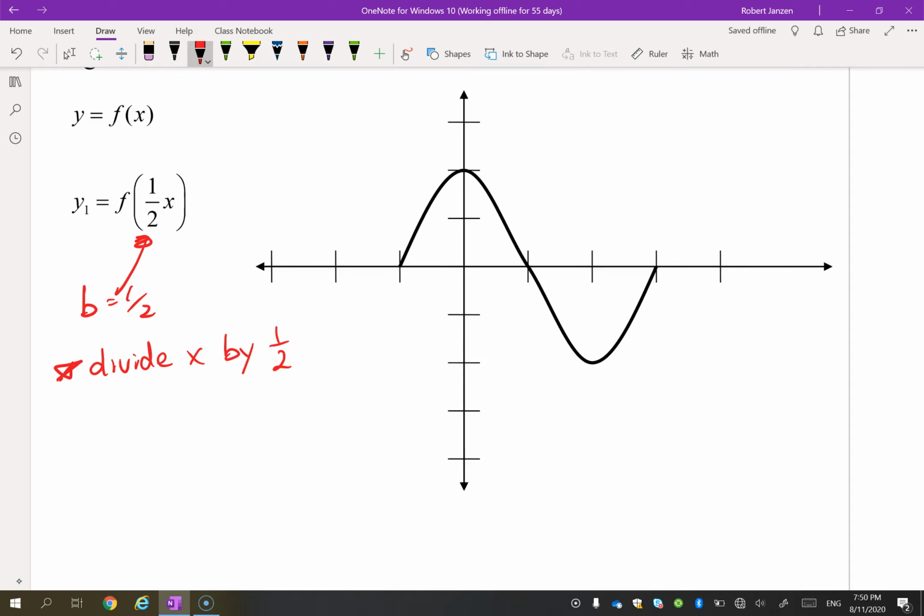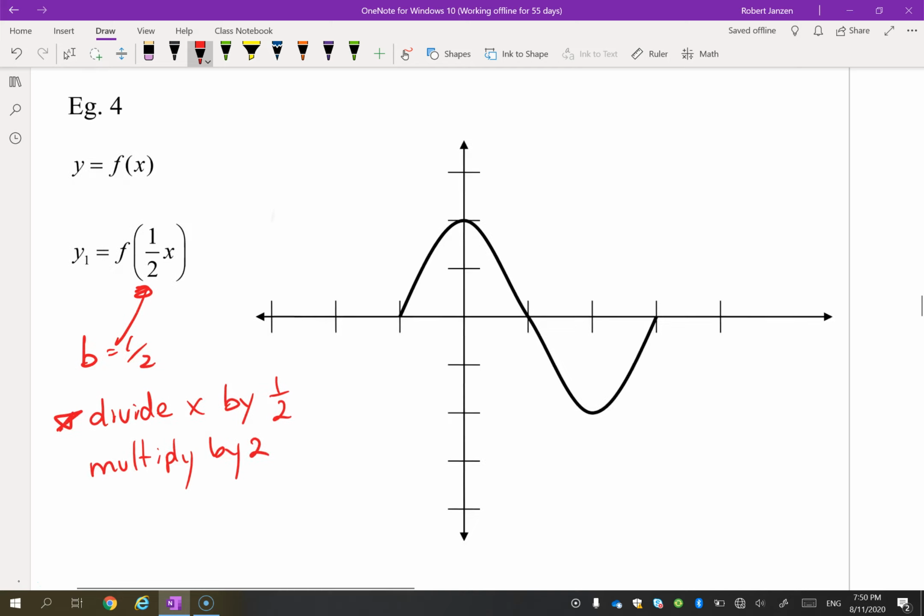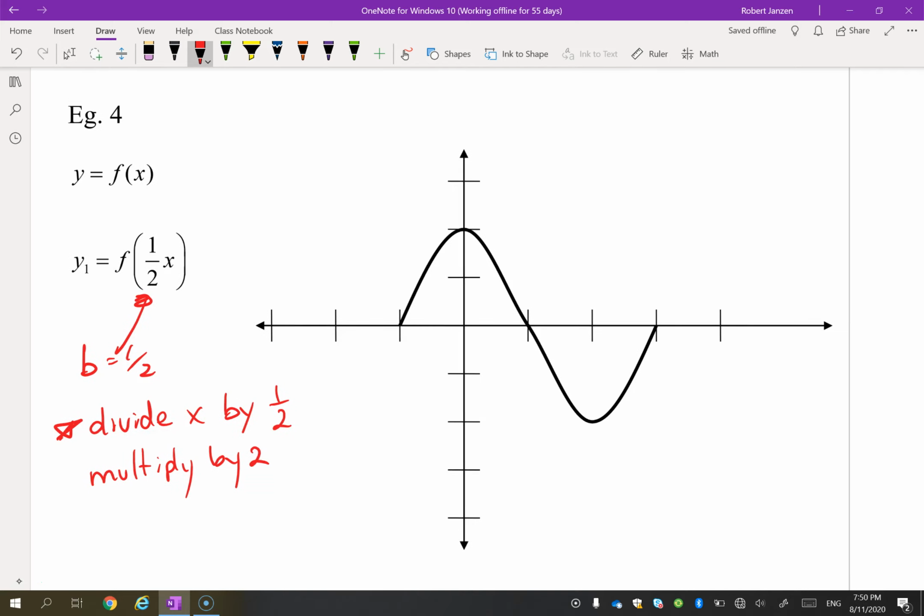Well, if you divide by a half, this is the same as multiply by 2. Okay, so when you see a b value, something attached to the x, it behaves opposite. So when I see a half, this is actually a horizontal stretch. That's weird, because you want to think that's a horizontal compression. It's a horizontal stretch. We're going to multiply the x by 2.